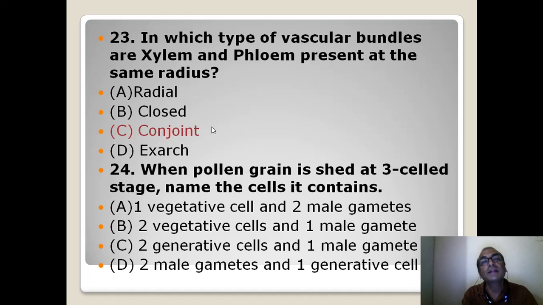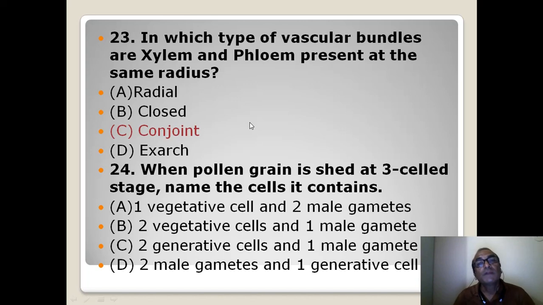Closed and open depends on whether the meristem in between these two is absent or present. Radial means radial arrangement: on one radius there is phloem, on another radius xylem. But here on the same radius, that is the conjoint.